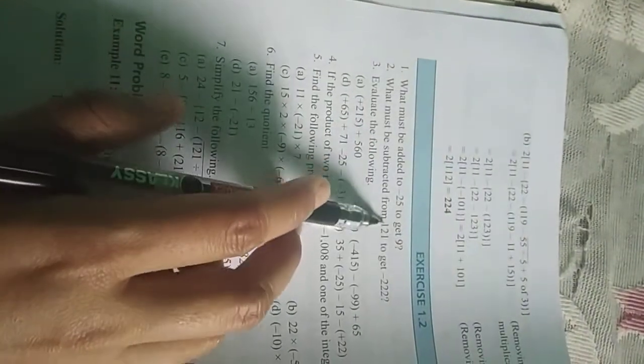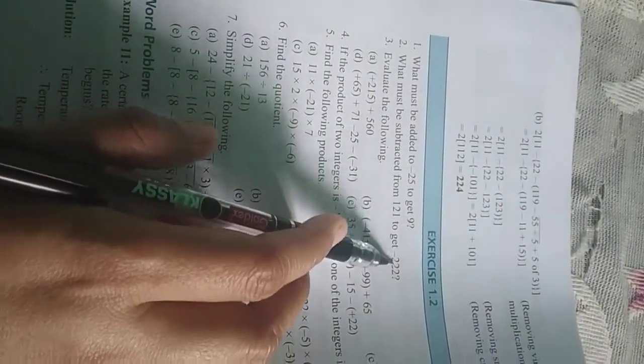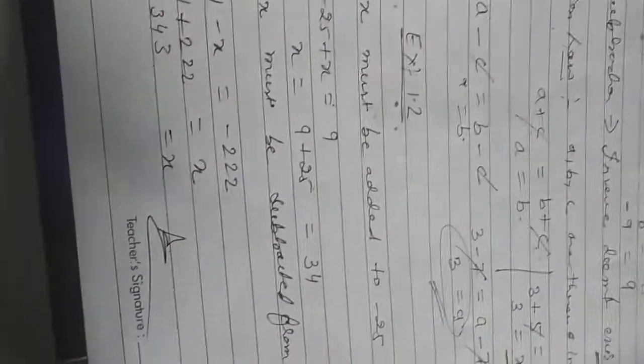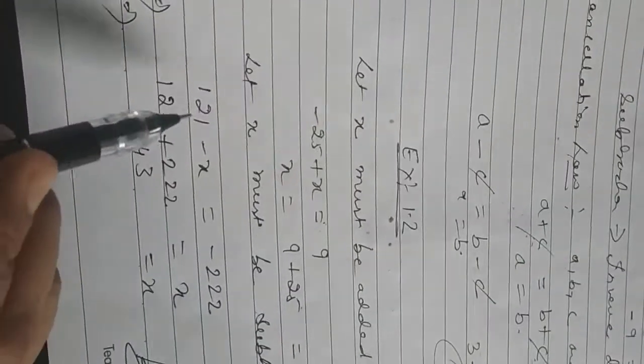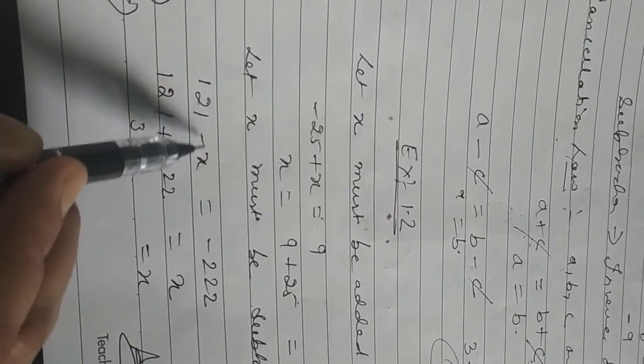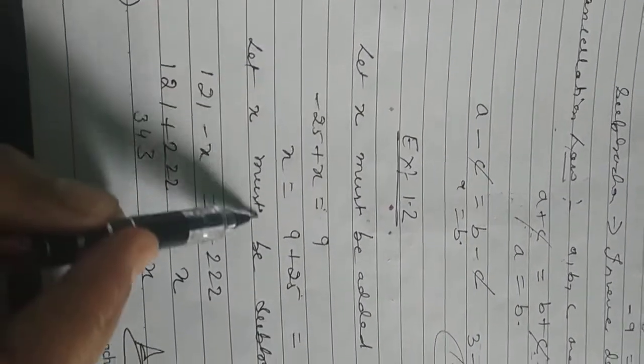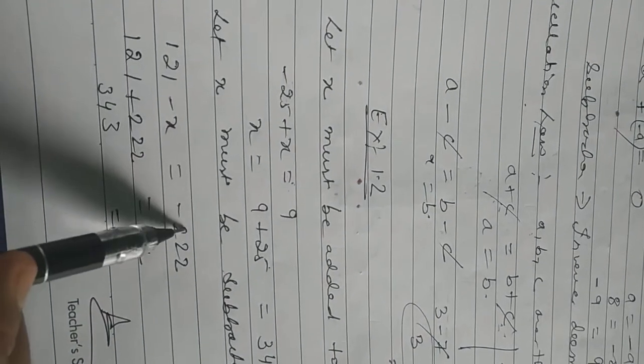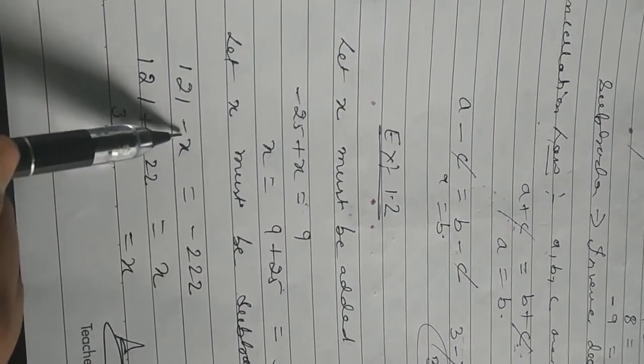Got it? Now, what must be subtracted from 121 to get minus 222? So this time we are going to subtract. From 121 we have to subtract x, let the number be x, so that we will get minus 222. We have to find the x value.